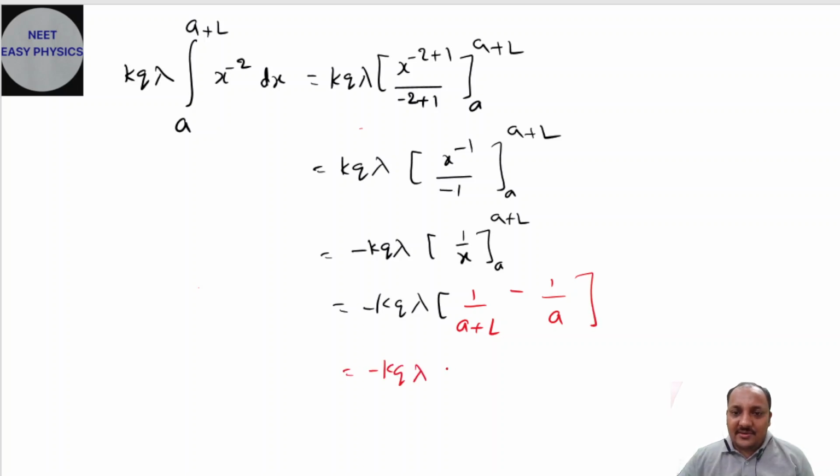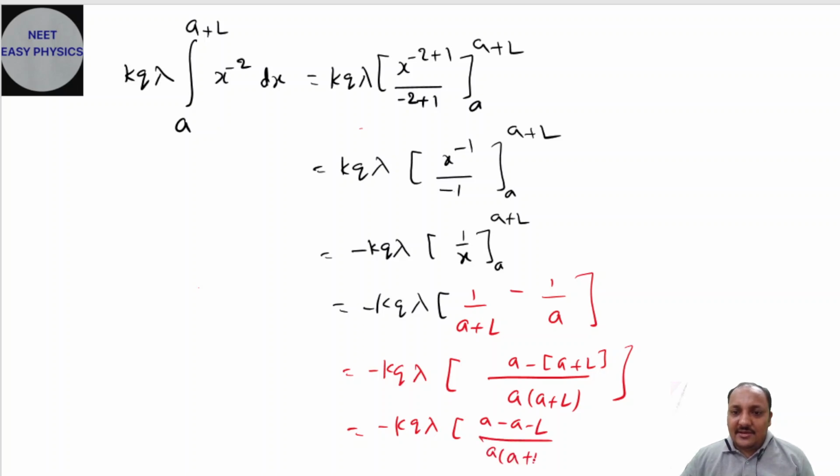So minus K q lambda, what is the LCM? A into a plus l. So a minus a plus l. If we expand, K q lambda, a minus a minus l by a into a plus l. The plus a and minus a cancel. What remains is minus K q lambda into minus l divided by a into a plus l.